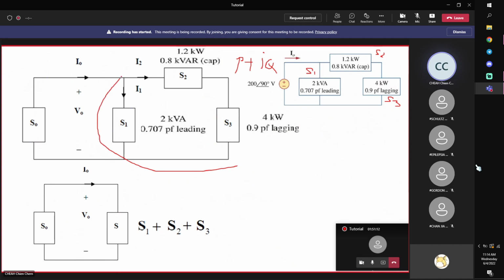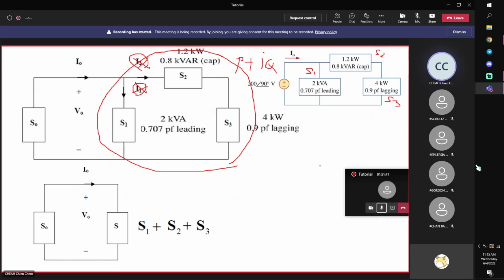This will give me the total power of this load. Take note that you can just add up the power regardless of series or parallel. No need to worry about series or parallel. Series and parallel will only be used if you need to calculate the current. In this case, we don't need that, so we will just add up the complex power.